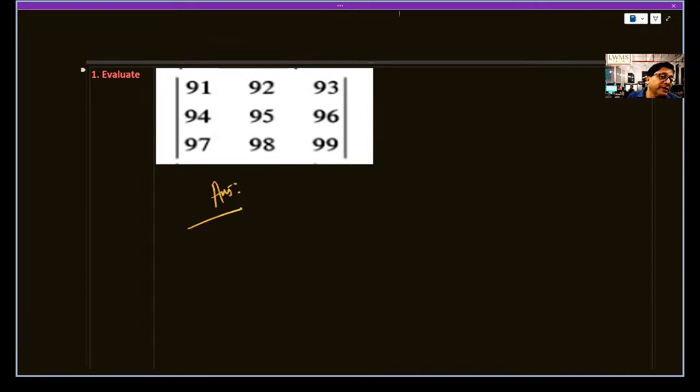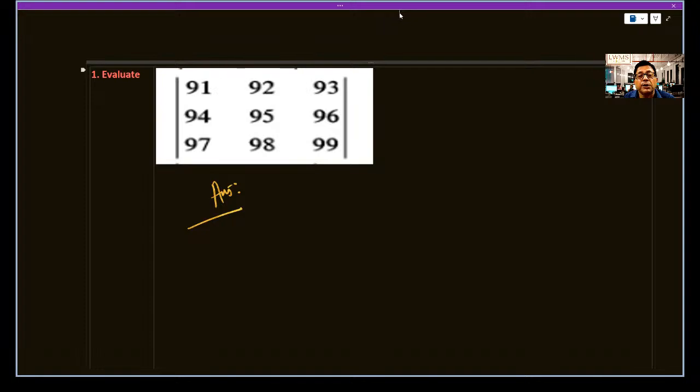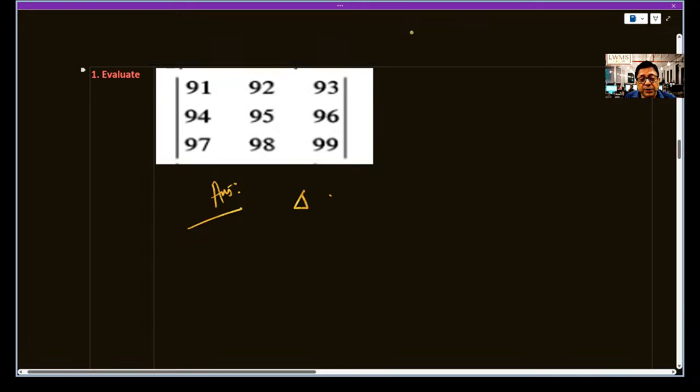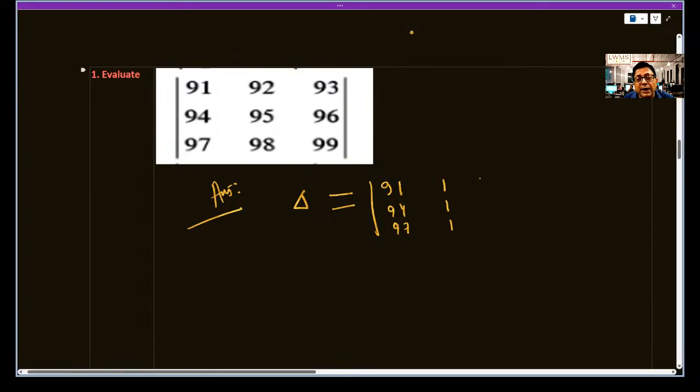Elements of one row or column can be added to another row or another column. So here delta is going to be equal to what? 91, 94, 97. This you subtract. It is 1, 1, 1, and here it is 2, 2, 2.